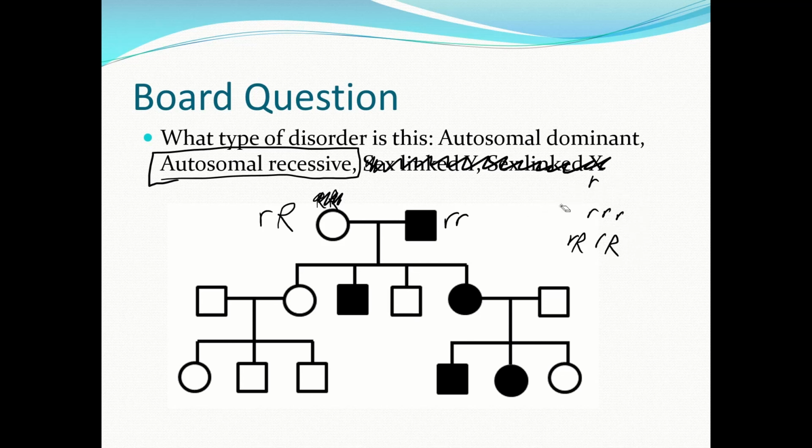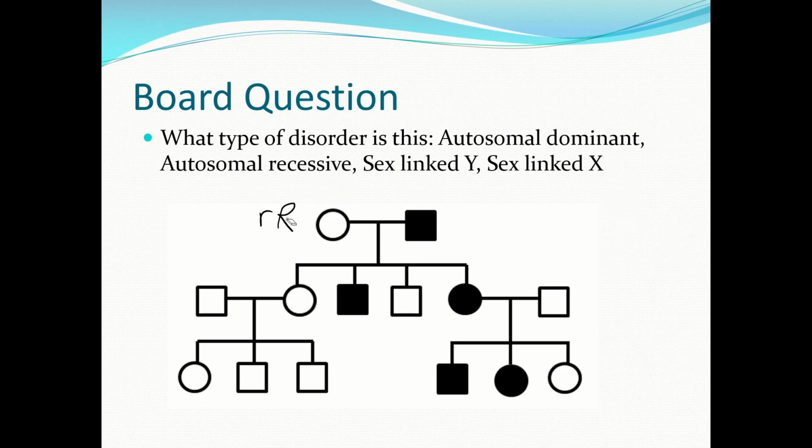Now let's take a look if it's dominant. This is always so tricky to go back and forth between the two. So if it's dominant, this means you have it, and this means you don't. So the only way that this person doesn't have it is if they're small r, and then this person has to be heterozygous as well, because if they were big R, then that means all the kids would have it.